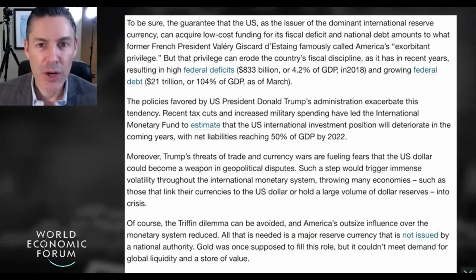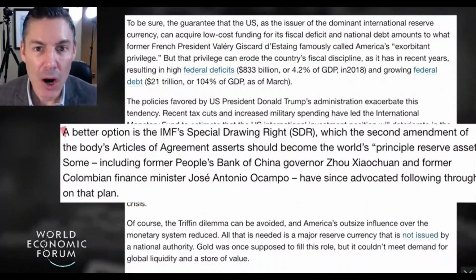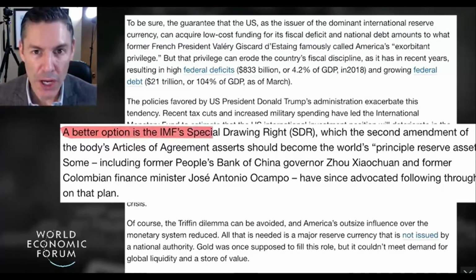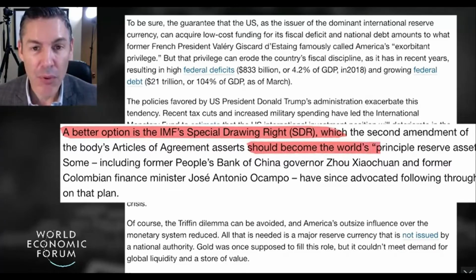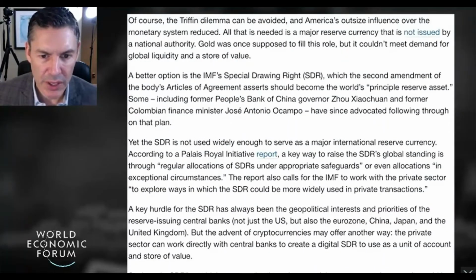So then the next question becomes, well, if Klaus doesn't like Bitcoin, if he doesn't like gold, what does he like? A better option is the IMF's special drawing right, or SDR, which should become the world's principal reserve asset. So then he goes on to talk about some of the potential roadblocks for the SDR.